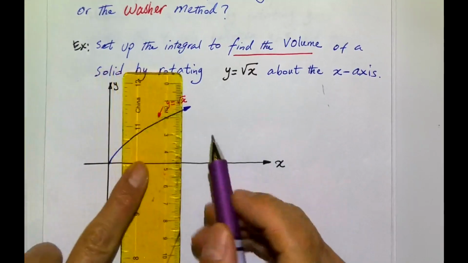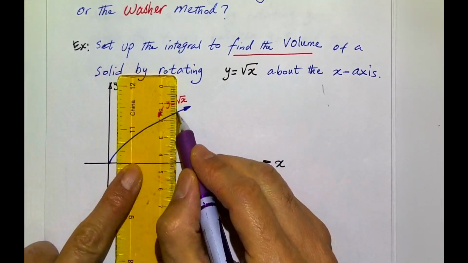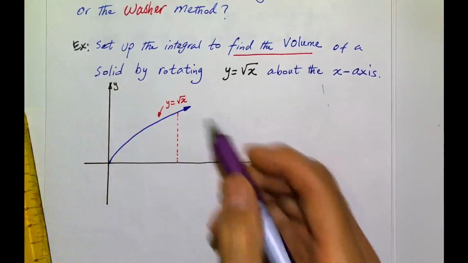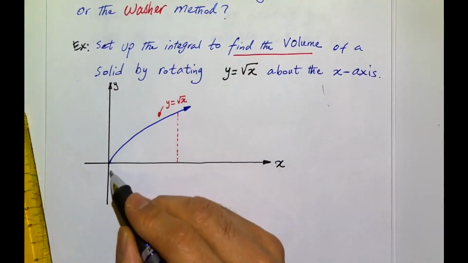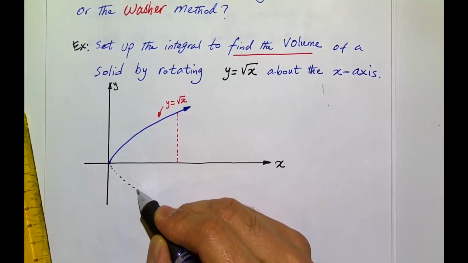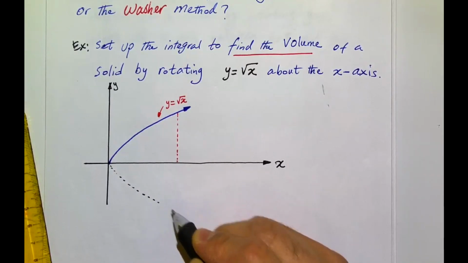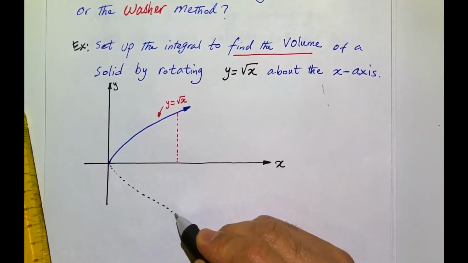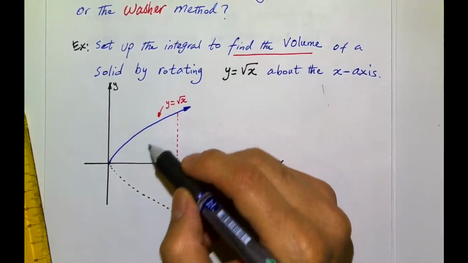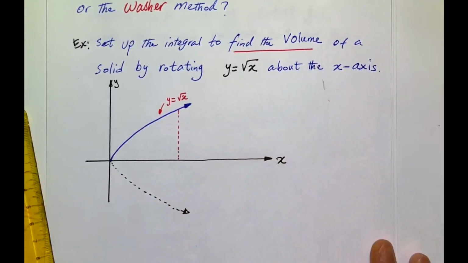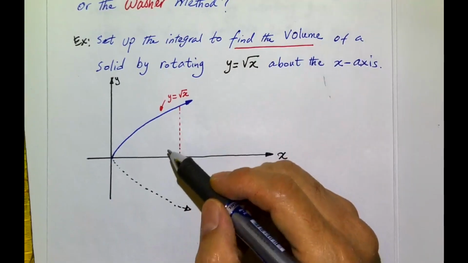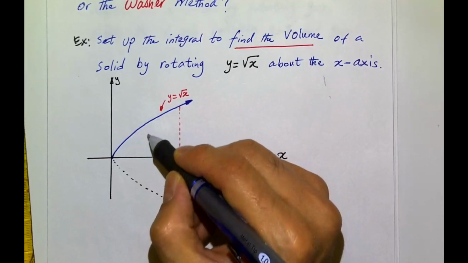In other words, if we do that, and I'm just sketching what this solid would look like if we do what this problem is saying, then what do you think? Would we have a washer or would we have a disk? So we would have something like that.